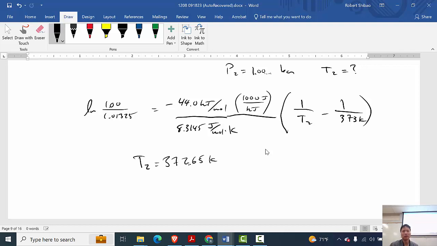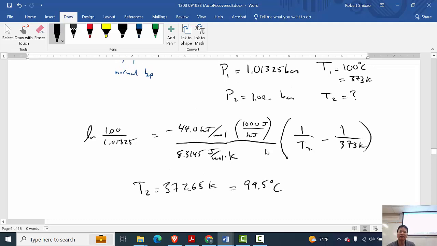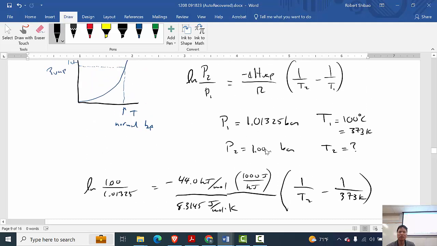Kelvin, which is equal to, minus 273.15 if I want, 99.5 degrees Celsius. So under standard thermodynamic conditions, water boils at 99.5, not 100 degrees C. And so it's a little bit closer.